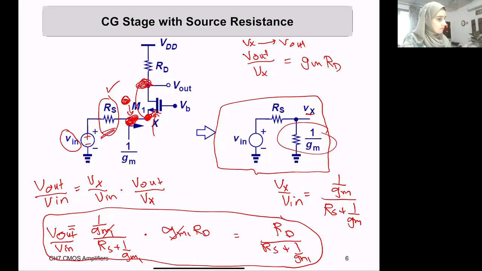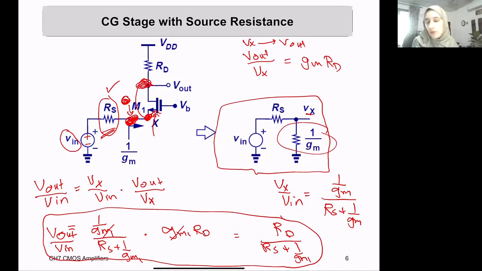Therefore, according to this voltage divider, only a portion is delivered. And that's why the gain is reduced from the old Gm Rd to Rd over Rs plus 1 over Gm. And this looks like the common source with degeneration stage. Only that one had a negative sign. This is a positive sign.